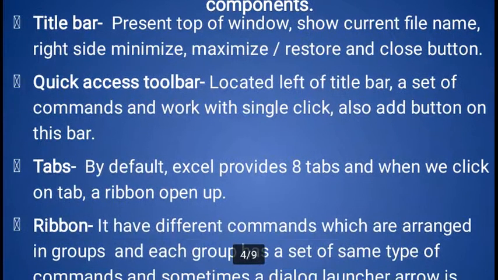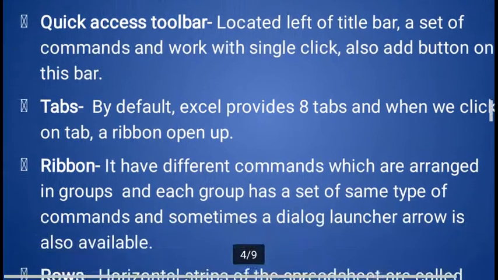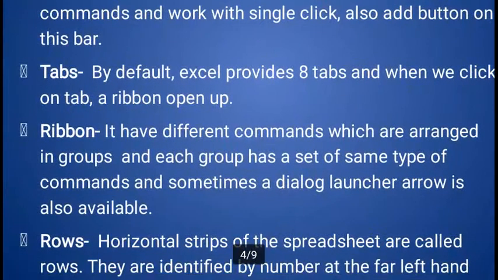Tabs: by default, Excel provides 8 tabs. When we click on a tab, a ribbon pops up. What is a ribbon? A ribbon has different commands arranged in groups, and each group has a set of the same type of commands, and sometimes a dialog launcher arrow is also available.